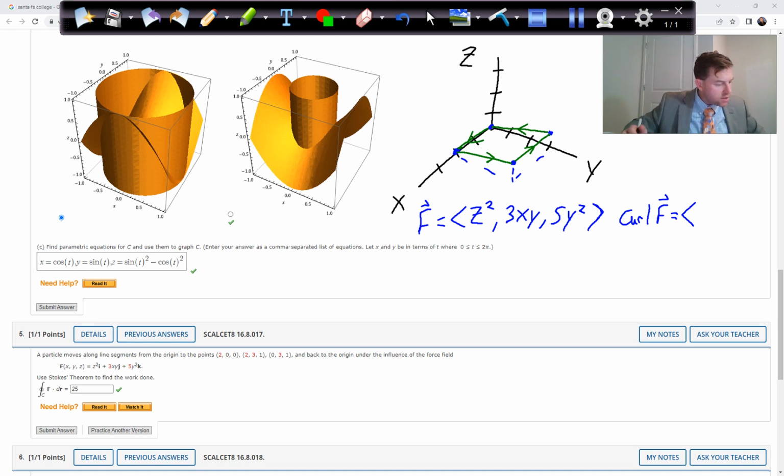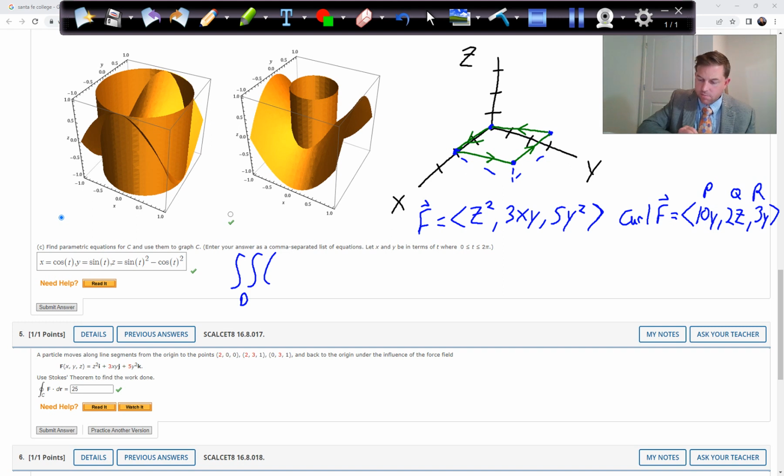The curl of this f is 10y, 2z, and 3y. And that's P, and that's Q, and that's R. Make sure I didn't make any errors. That looks correct. So we're going to plug these into our double integral.